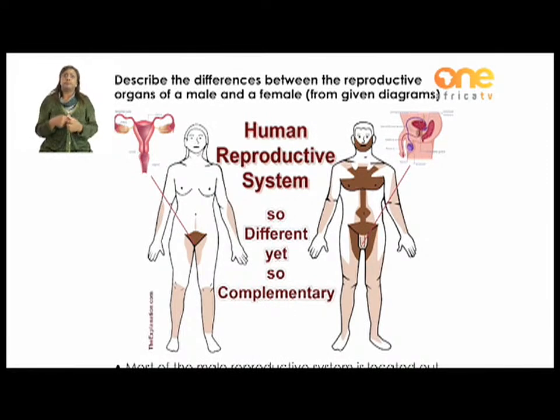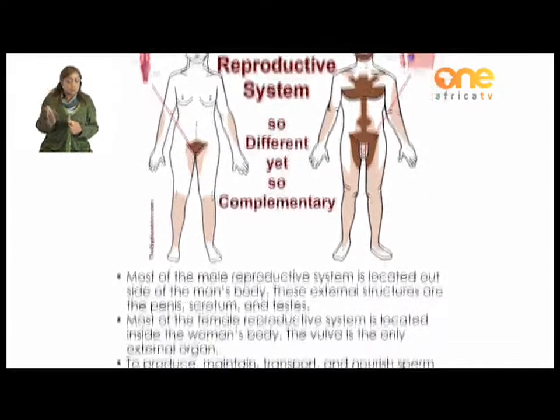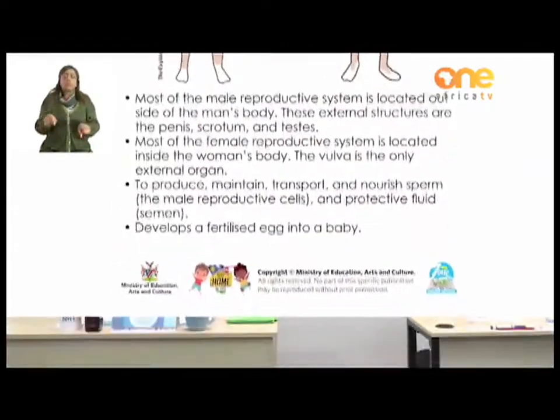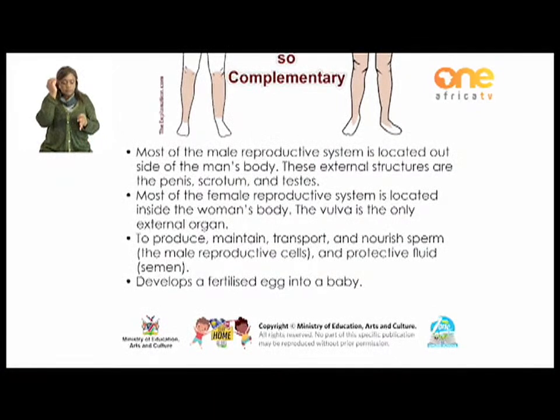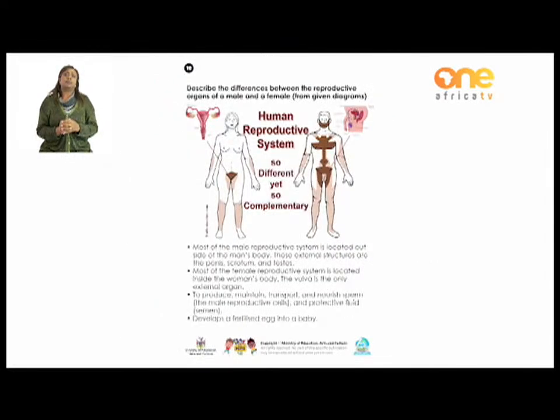Now, if you want to state a difference between the reproductive organs of a male and female from a given diagram, then we have to look at the organs that these body systems house. For most of the male reproductive system, you will find that it is located outside of the man's body.